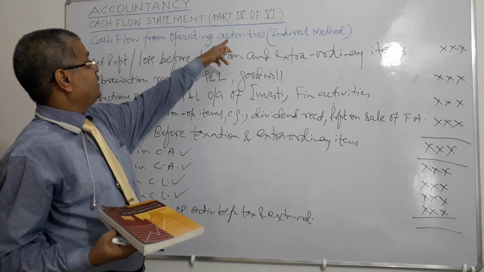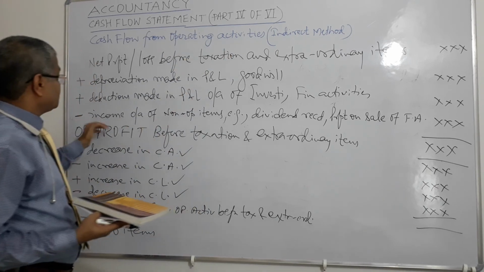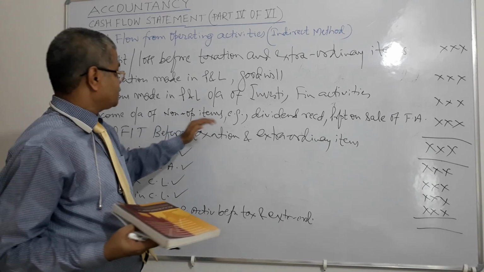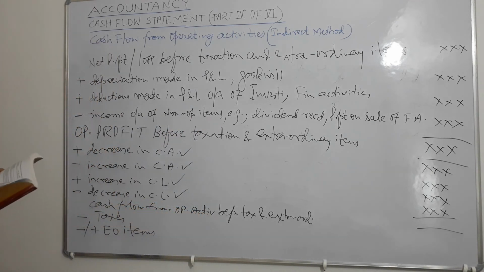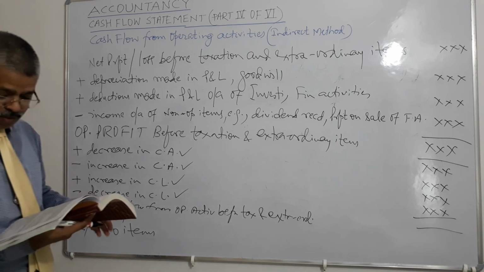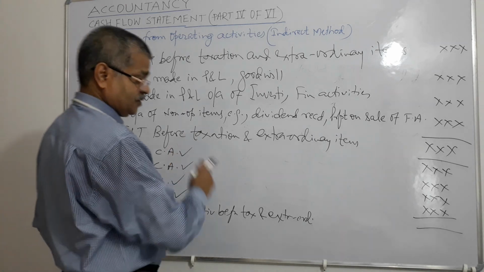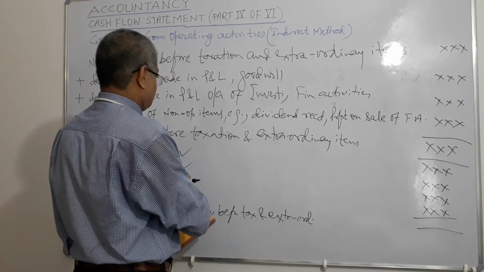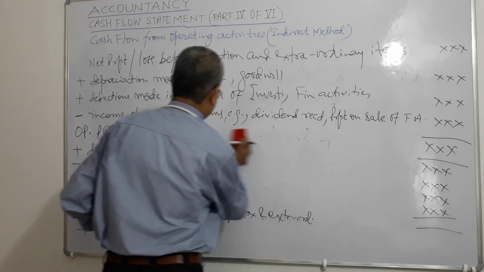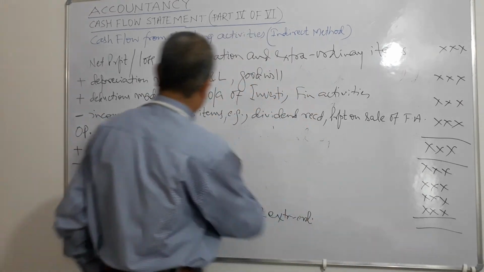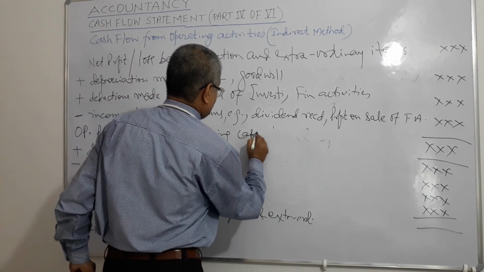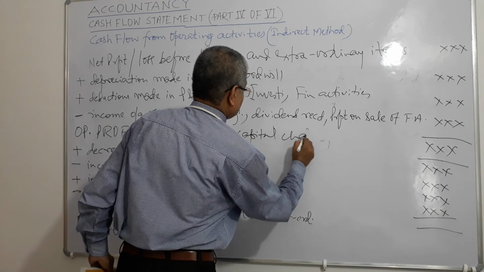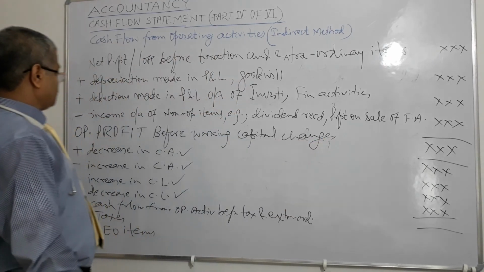We are here for operating activity, so whatever income is there on account of non-operating items, we deduct. Then we get operating profit before working capital changes. This is before working capital changes, because below this we have enumerated changes in working capital, right?